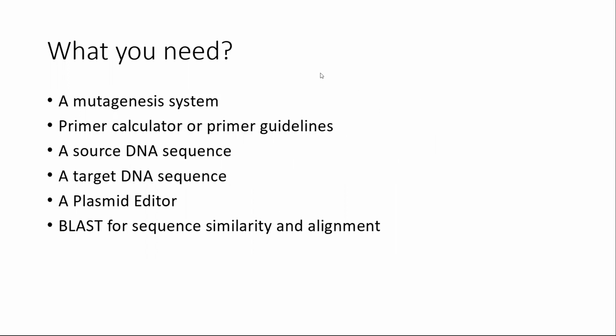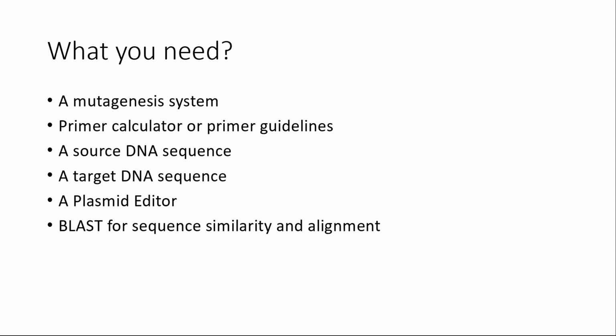So what you're going to need is a mutagenesis system, as in a kit or a protocol. You can use protocols that don't require buying commercial kits, but kits tend to save time and reduce the amount of optimization needed for a particular mutagenesis, which can be very important in terms of saving time and money in the long run.